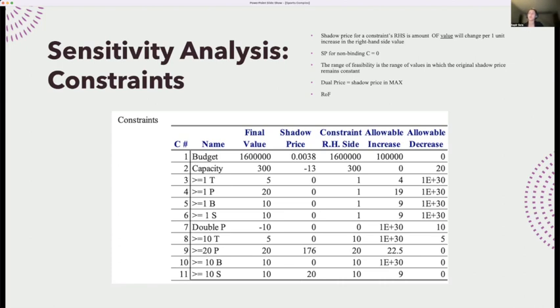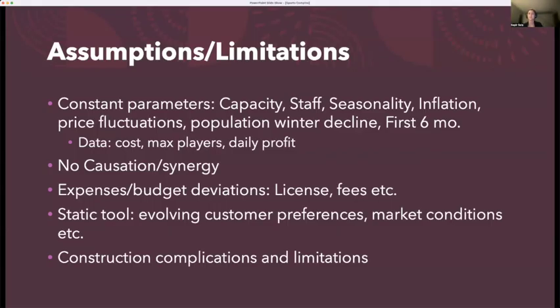If you increase the right-hand side by 1, this is how much it would increase. So if you increase your budget by $1, it's going to increase your value by 0.0038. If you increase your capacity by 1, you'll lose $13. Things like that are important to consider when reading the sensitivity analysis.